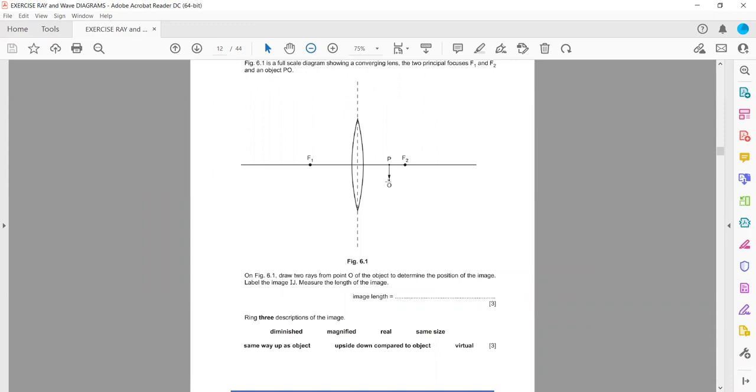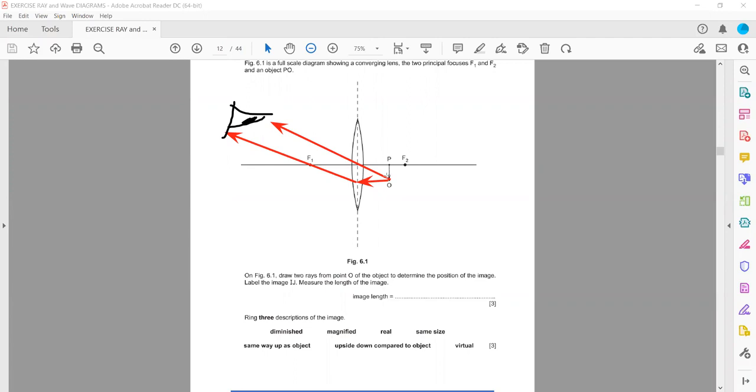So first, the parallel light ray will pass through the focus. One through the center of the lens will pass straight. So these two light rays will never intersect because the distance is increasing. When we look from this side, our brain senses light is coming straight from the object.